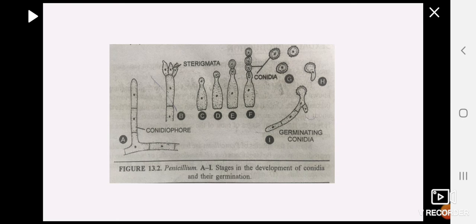These conidia are carried by wind, and when they fall on a suitable substratum with suitable conditions of temperature and moisture, then they germinate. And each conidium germinates by giving out one or more germ tubes which grow and form mycelium.